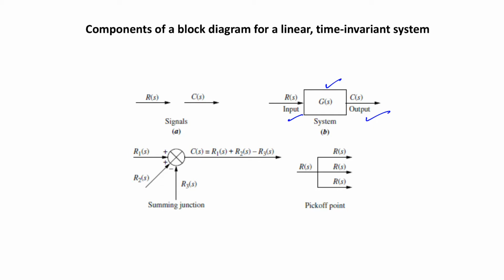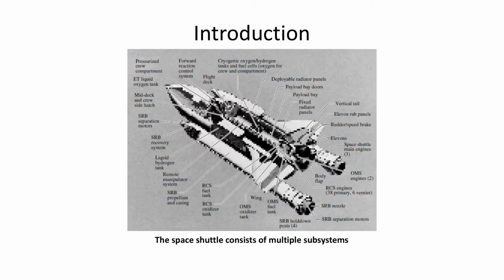Now let us suppose that it consists of multiple subsystems, as shown here. This is actually the space shuttle, which consists of multiple subsystems. There are many subsystems in this space shuttle.